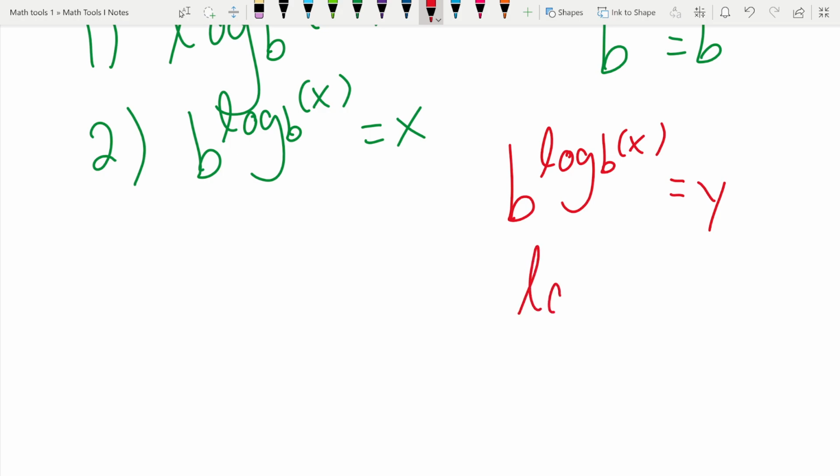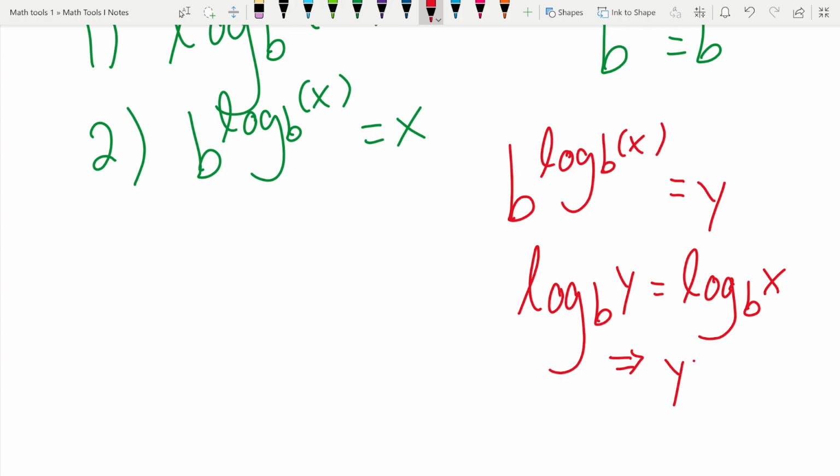This is log base b of y equals log base b of x, and this is going to imply that y is equal to x. This is also a consequence of the fact that the logarithm is 1-to-1. So you can show that the logarithm is 1-to-1 as well.